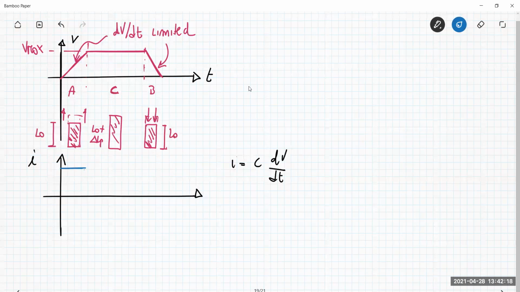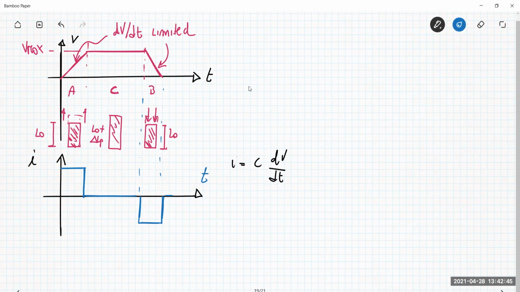When the applied voltage is constant, you have no current at all. When dV/dt is negative, because you are reducing the length of your material, the current should be negative. So you have bidirectional current and a positive, unipolar voltage, to avoid the poling effect.